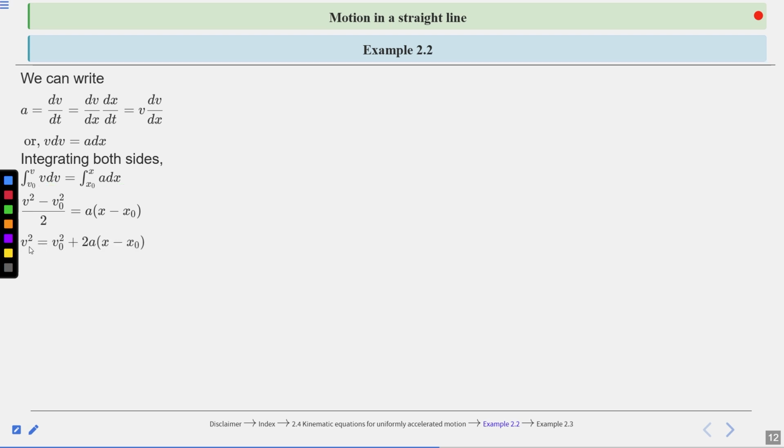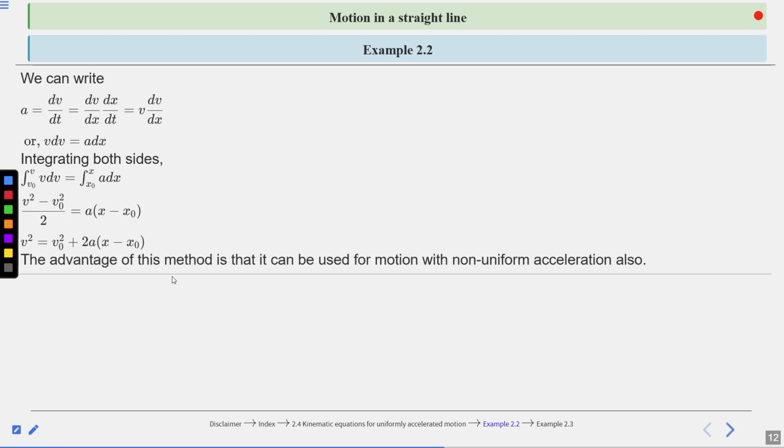So v square is equal to v naught square plus 2a into x minus x naught. The advantage of this method is that it can be used for motion with non-uniform acceleration also. So this is another equation of motion. Clear?